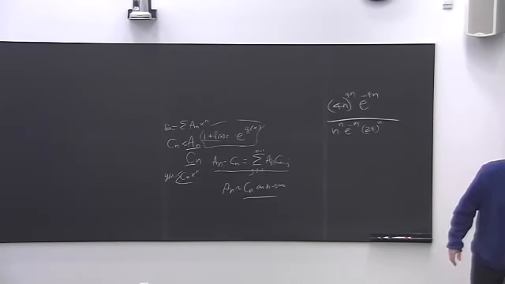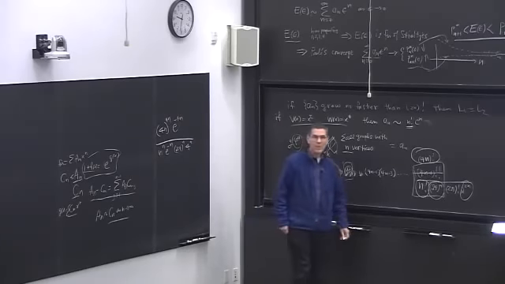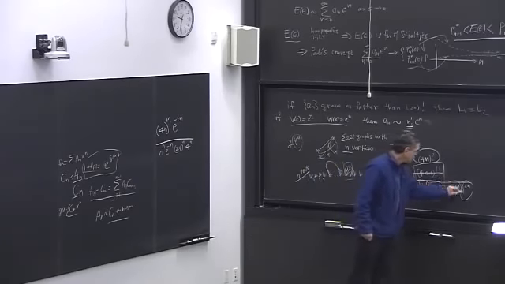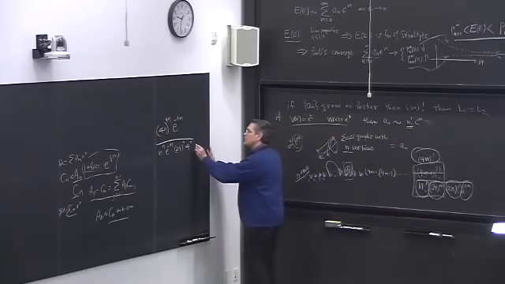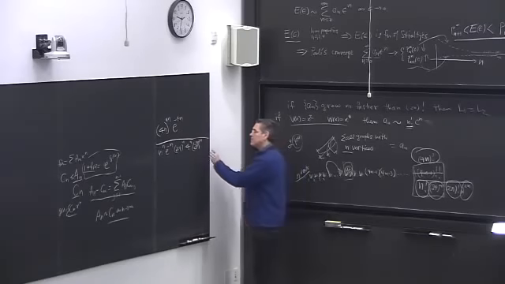And 2 to the 2n, well, that's just 4 to the n. Okay? And 2n factorial is 2n to the 2n times e to the minus 2n.